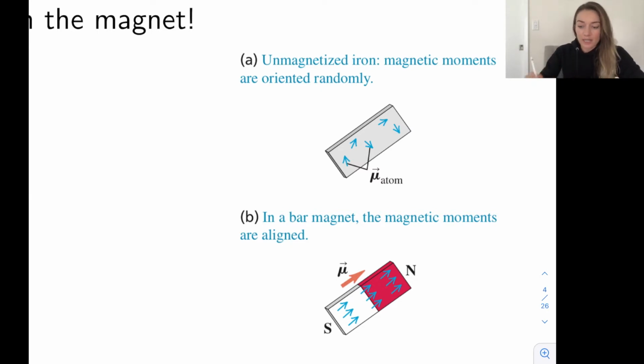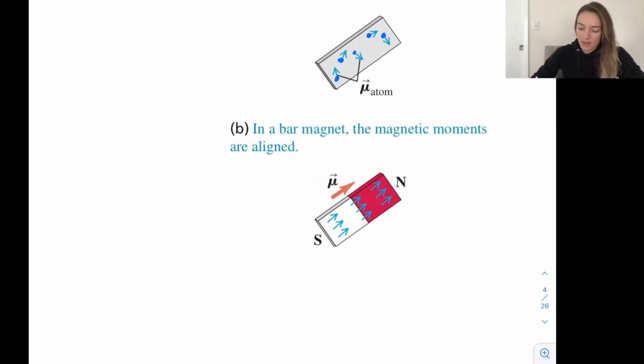Initially they're all spinning in different directions, and imagine each one of these is the magnetic dipole moment for an electron, they're all pointing in different ways. And then when we have a bar magnet that's actually magnetized, those electrons have all aligned so that they're spinning in the same way, and their magnetic dipole moment is pointed in the same way, so you create a net magnetic field that looks like just a really big dipole.